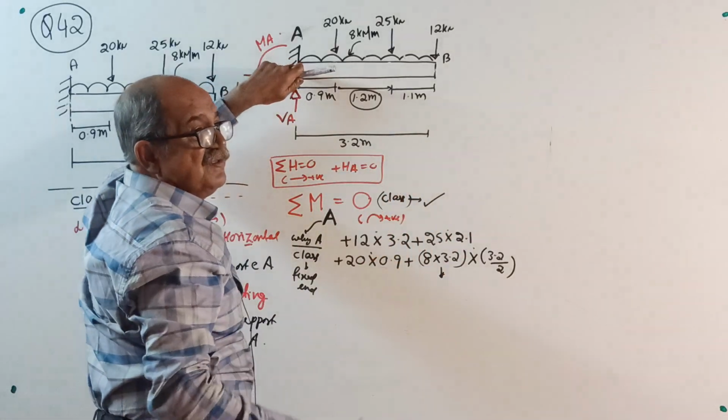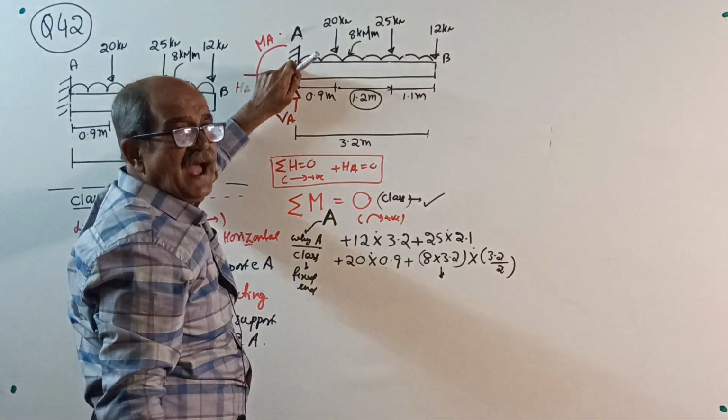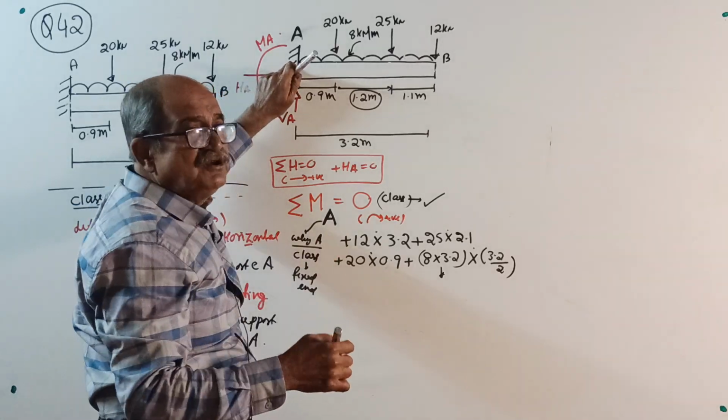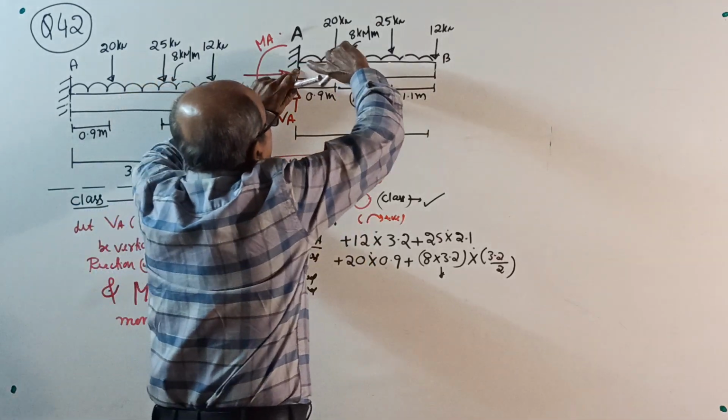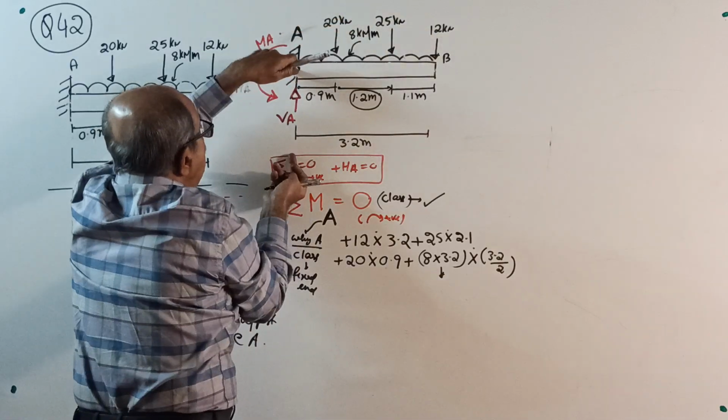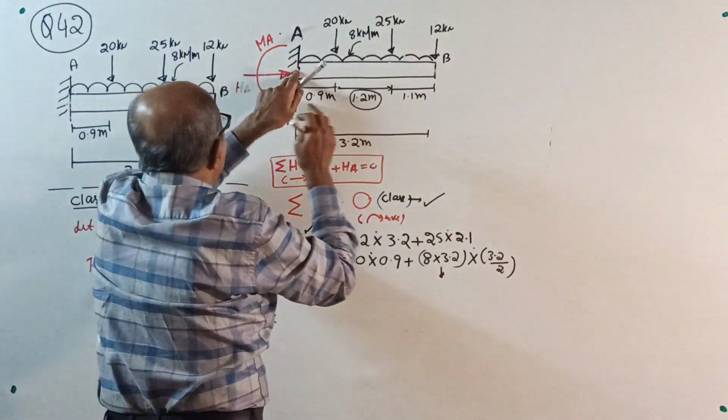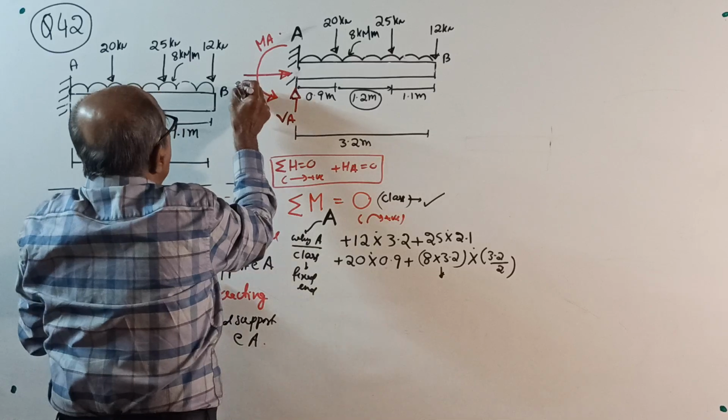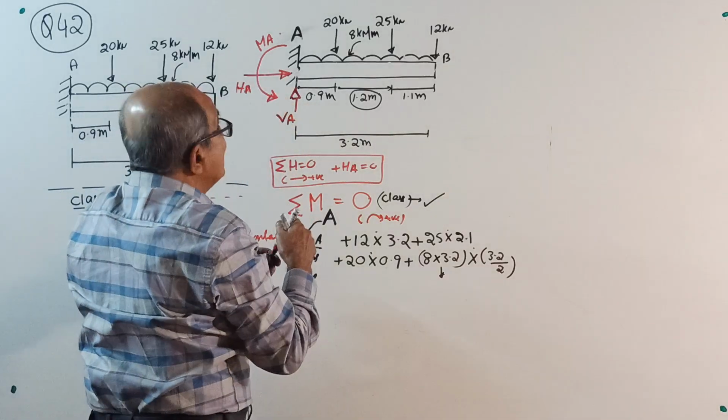Sometimes I write equal to 0 by habit. If you write equal to 0, you start wondering what to do now. So this side is all over, and VA into 0, HA into 0, I am not writing because it is already explained earlier.